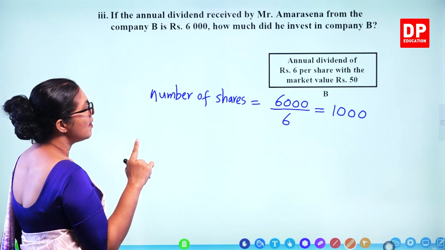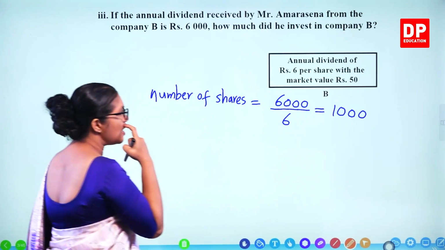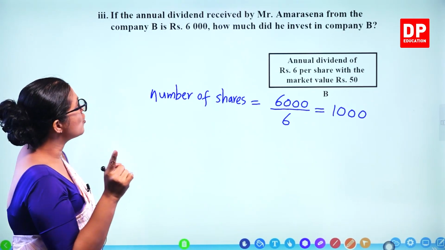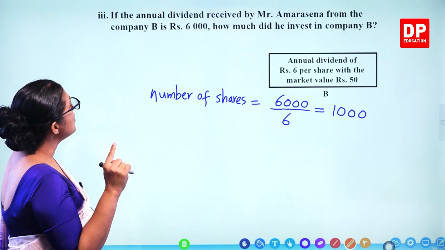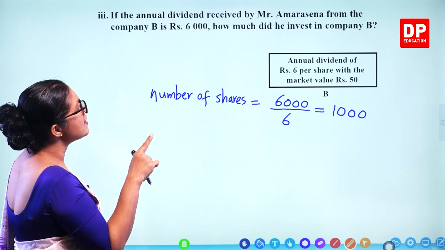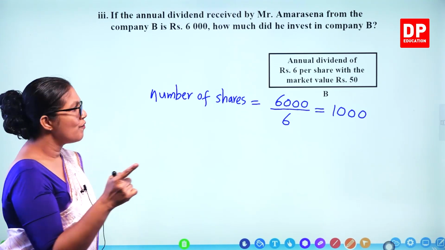So what's the value he invested? 50 times 1,000. He bought 1,000 shares with 50 rupees each. So if the annual dividend received from company B is 6,000, how much did he invest in company B? 1,000 into 50.